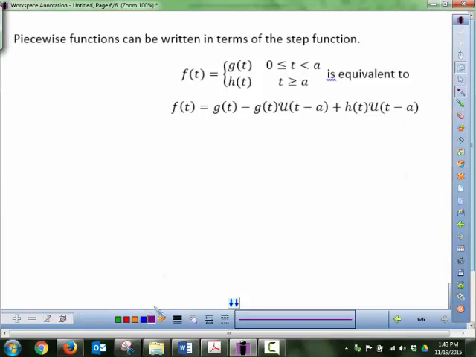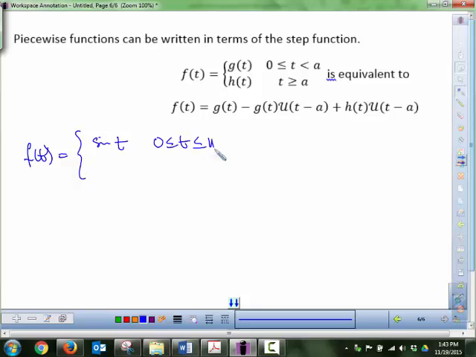So for example, what if we had a function that moves with a sine, just a sine, sine t from 0 to pi, and then after that we turn off that machine, and then what's going to happen to our object after time pi?